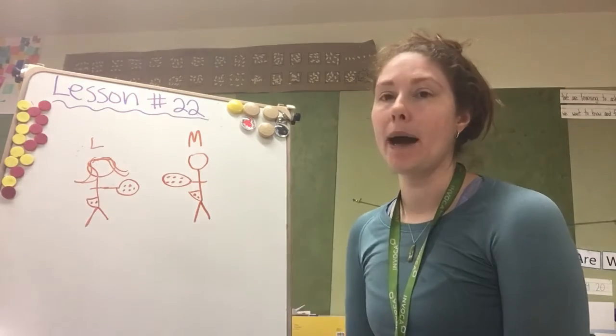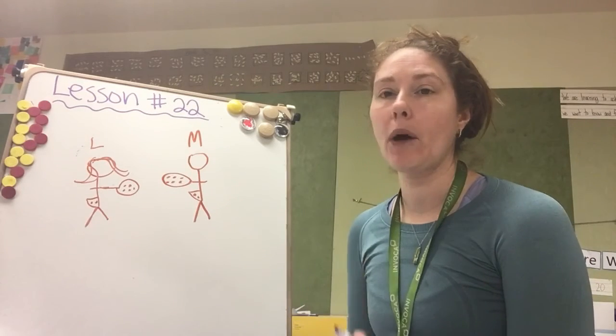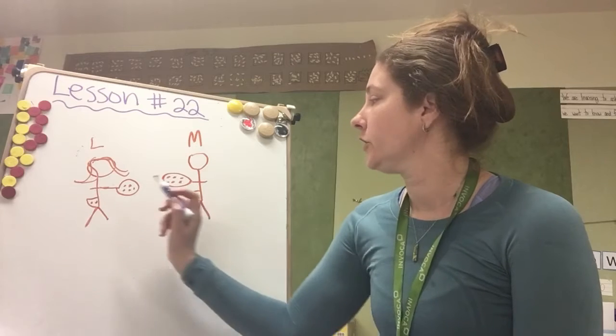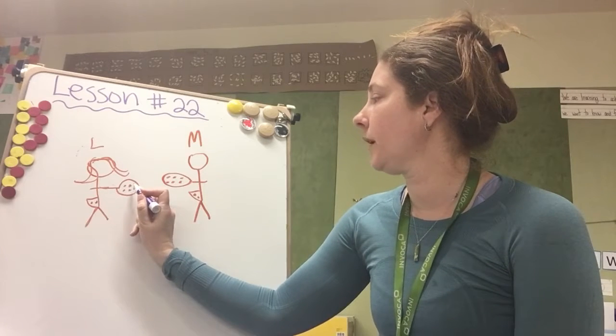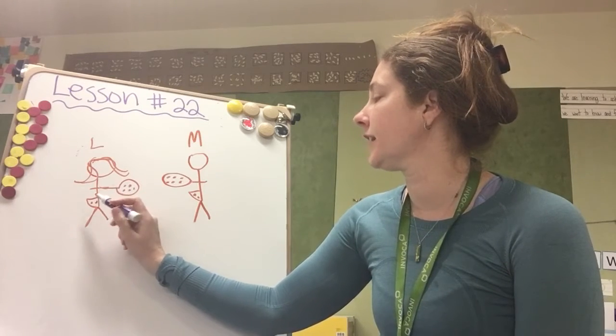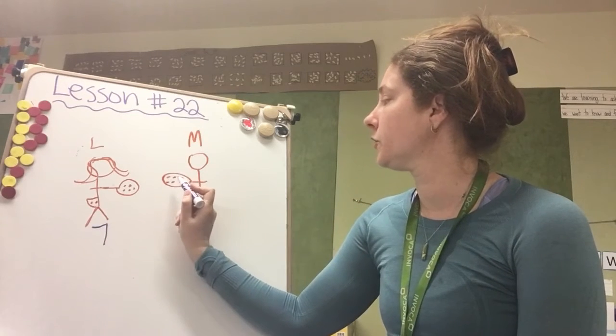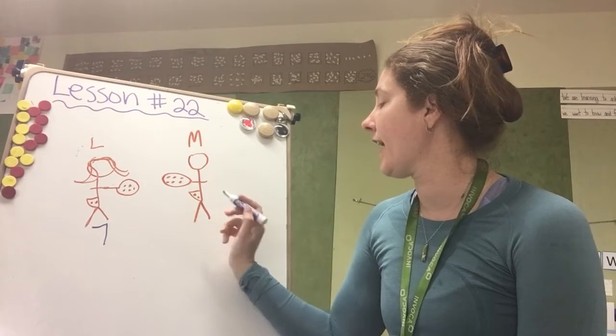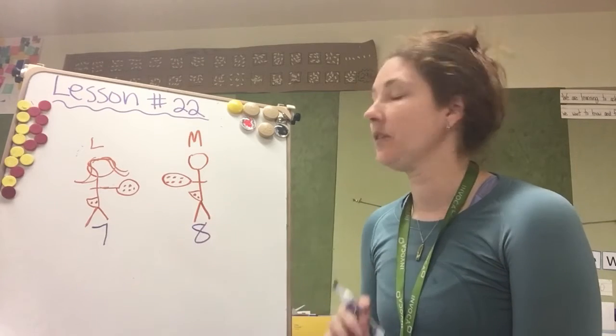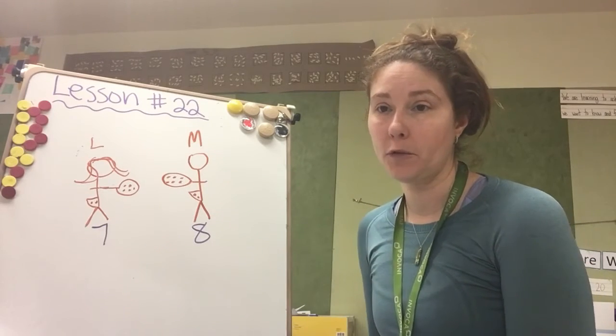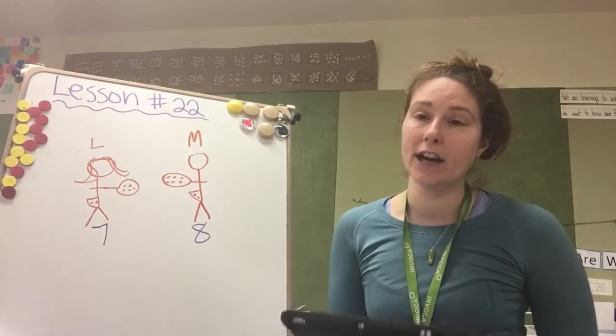So let's add them up while we're figuring it out. Maybe that will help you if you're still not sure. So let's start with Lisa. She has 1, 2, 3, 4, 5, 6, 7. Now Matt has 1, 2, 3, 4, 5, 6, 7, 8. So now that I wrote the numbers, if you weren't sure before, you should definitely know now.